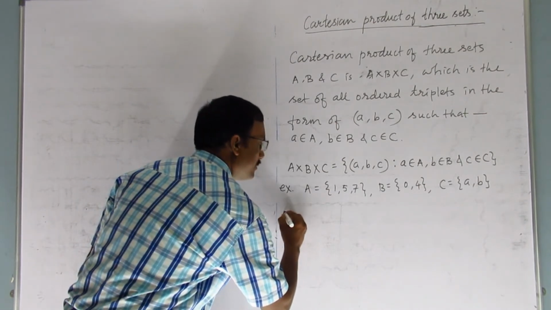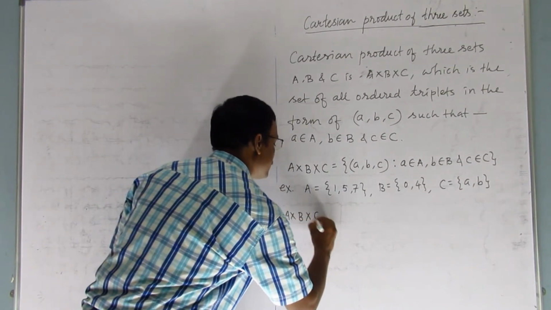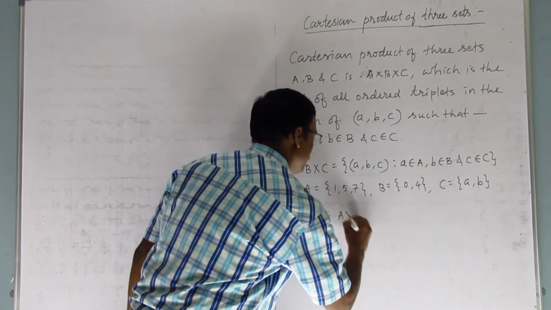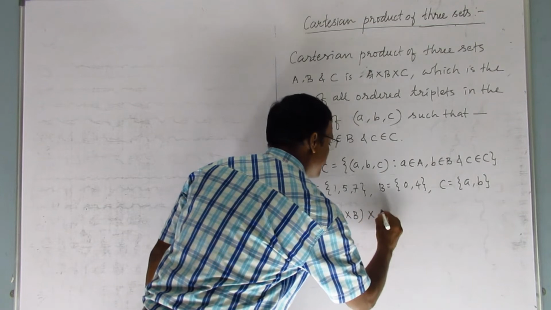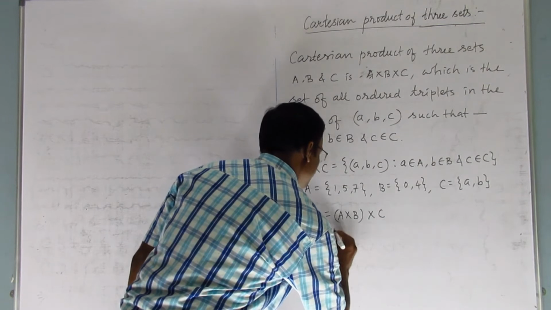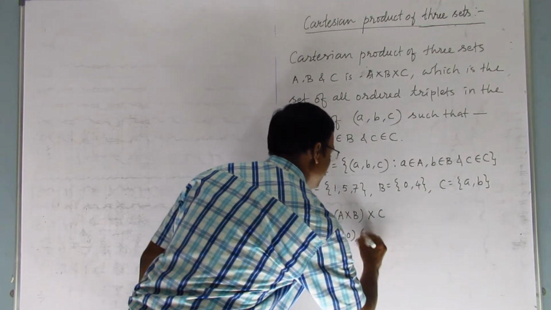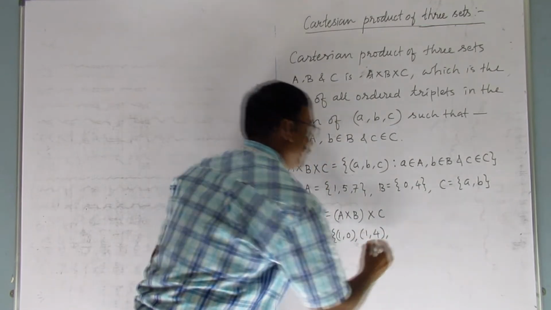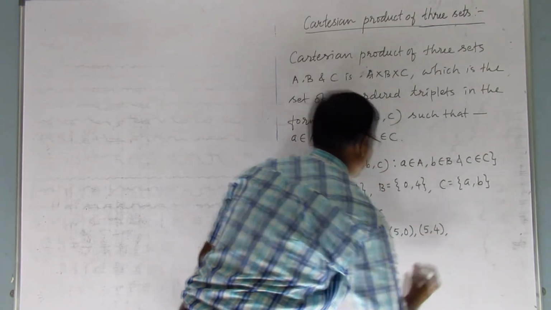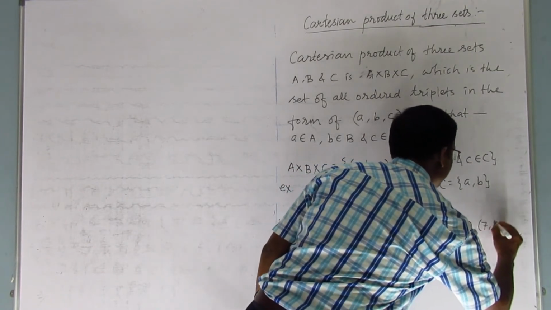Then the Cartesian product of three sets A cross B cross C, first we have to find out A cross B. Then that will be A cross B cross C. So this is the process of finding A cross B cross C. So A cross B will be (1, 0), first pair, (1, 4), then (5, 0), (5, 4), then (7, 0), (7, 4).